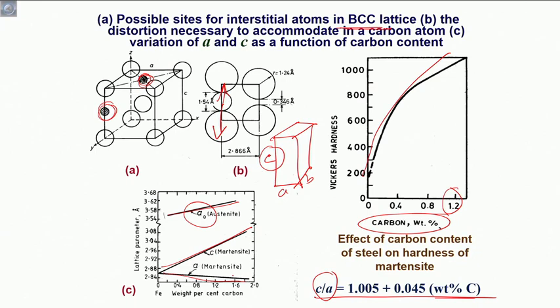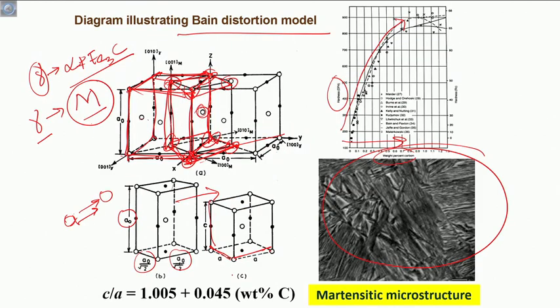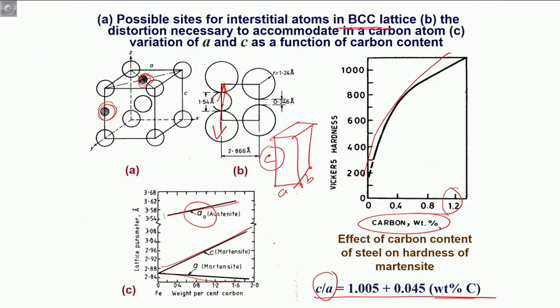That is what we saw in our previous slide, in the Bain distortion model, that the C axis expands whereas the A and the other two axes contract. So carbon plays a very important role in defining the tetragonality of martensite in terms of these lattice constants, and eventually that determines the overall mechanical property of martensite.